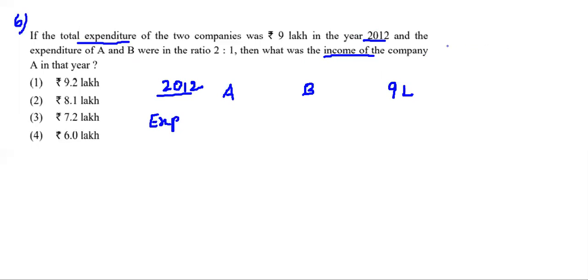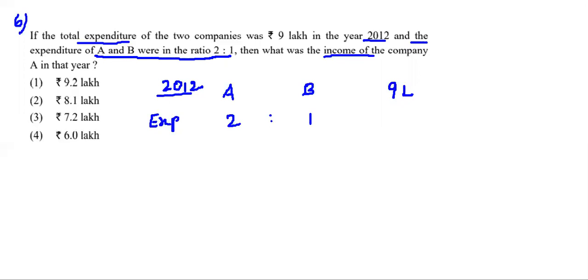And one more piece of information is given in the question: the expenditures of A and B were in the ratio 2:1. So this 9 lakhs is what is split in the ratio 2:1.